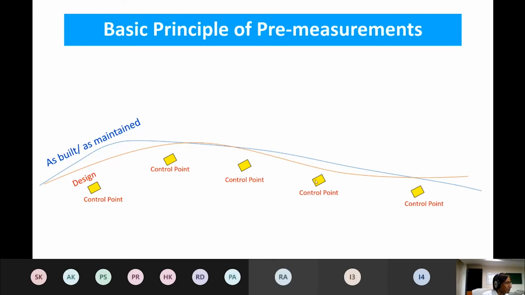So we pick up the center line coordinates of the existing alignment, then design the profile, and then work out the slews at every 5 meters. A number of control points are required to cross-check that the coordinates are accurately picked up by the method.